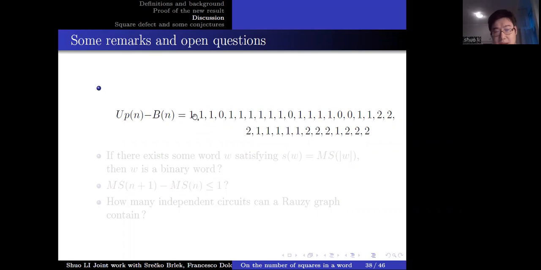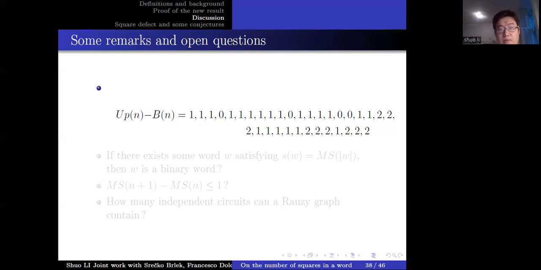We can easily check that, first of all, this sequence is non-negative, which is evidence that our upper bound may be a good one. Another observation is that this sequence is increasing slowly.